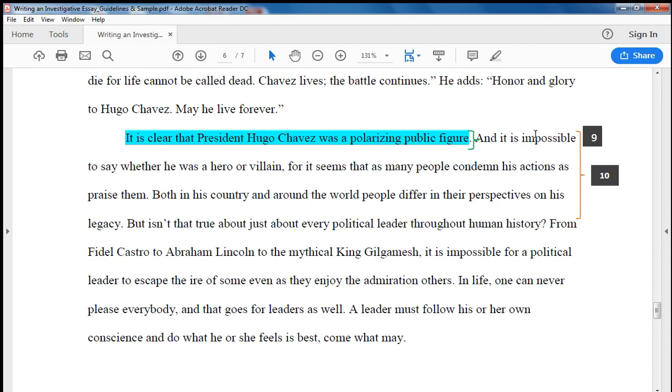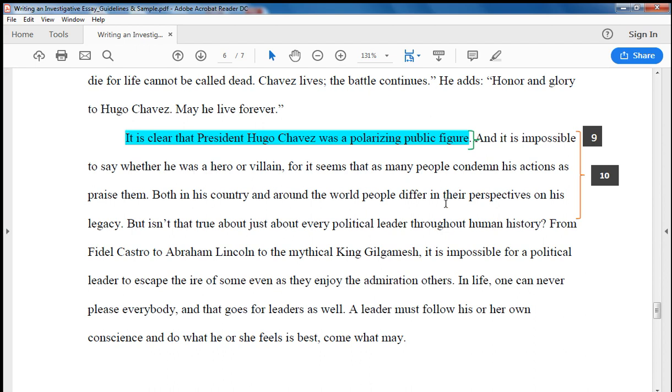And then she goes on to say, it is impossible to say whether he was a hero or a villain, for it seems that as many people condemn his actions as praise them. Both in his country and around the world, people differ in their perspectives on his legacy.